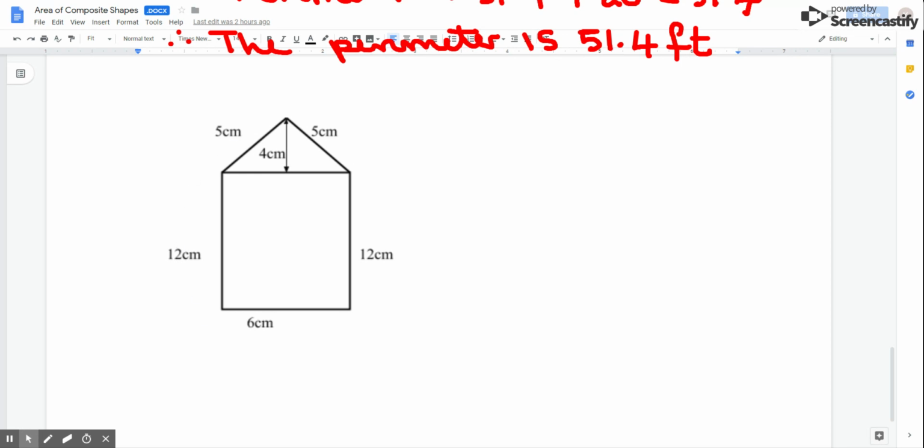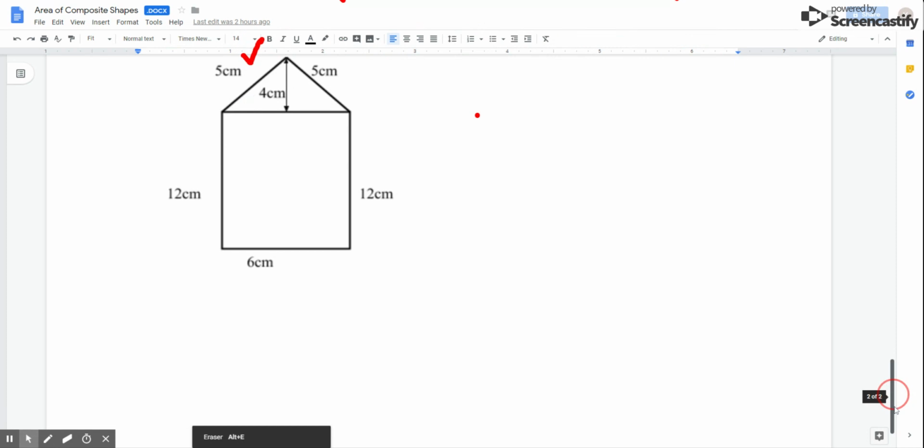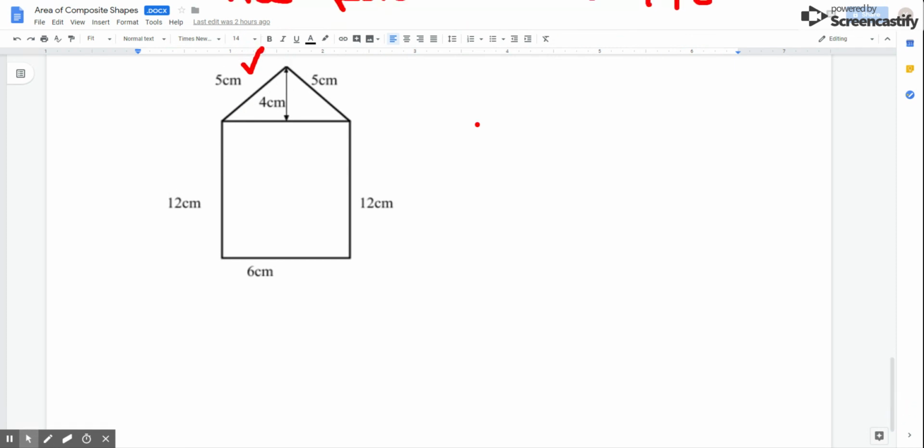We want the distance around this shape. So what we're going to do, we're adding the lengths of all the sides. So I'm starting here. When I start there, I'm looking at 5.